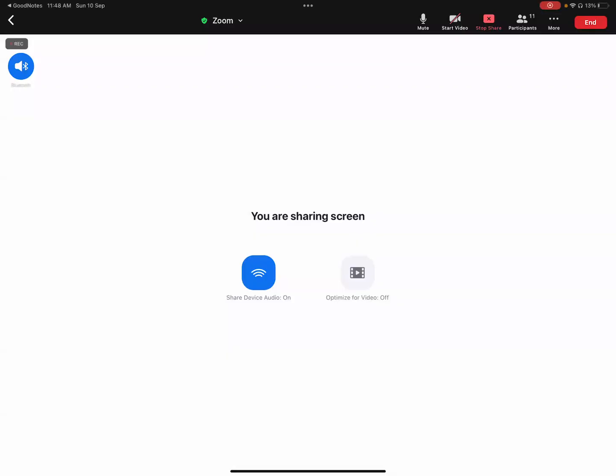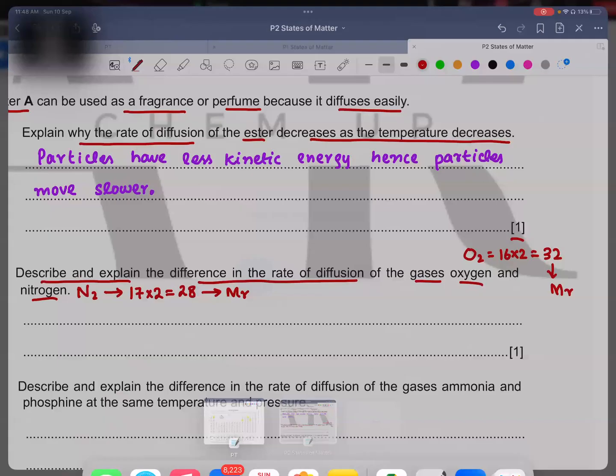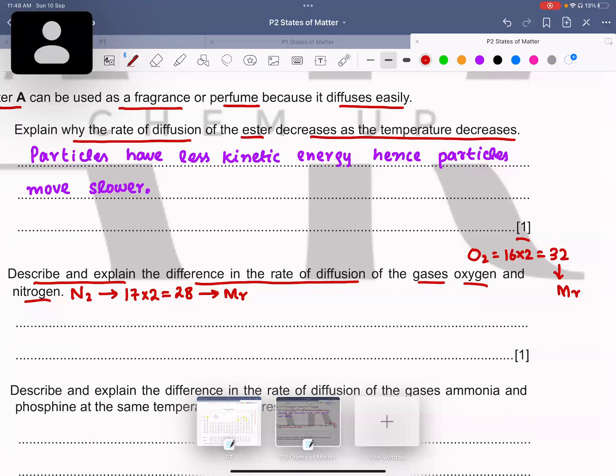Am I audible to all of you? Yes, sir. The relative atomic mass (Ar) of oxygen is 16 and of nitrogen is 14.